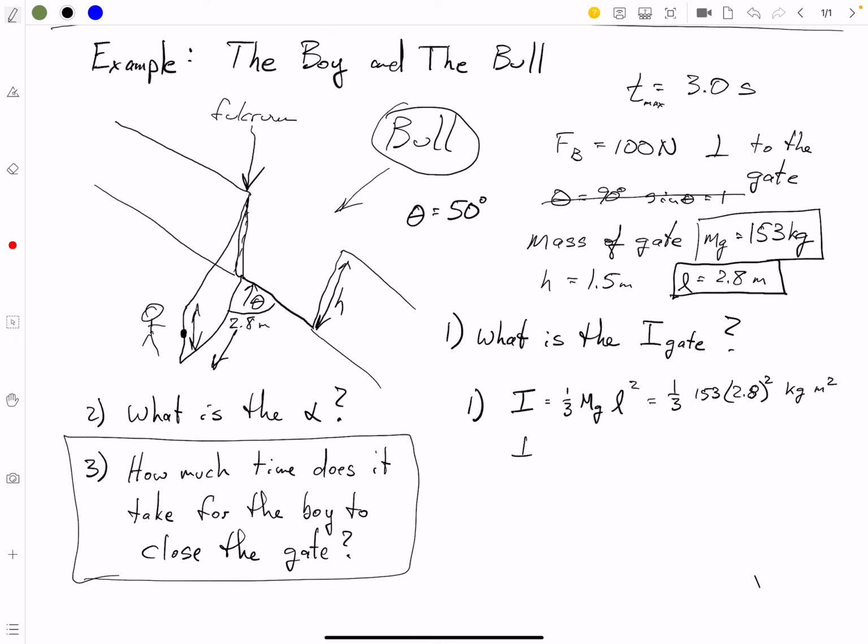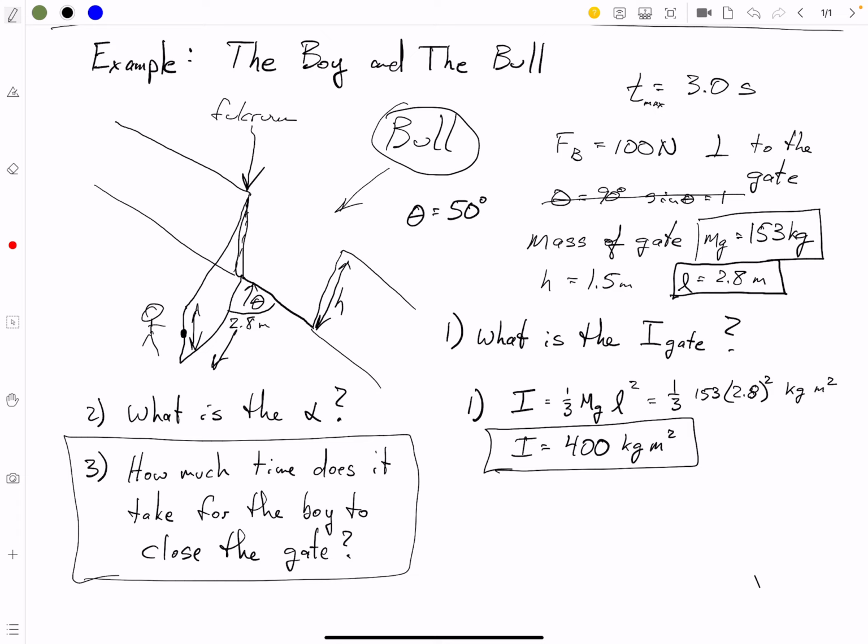So that's a number. And that number is, convenient. Thank you, trusty calculator. 400 kilograms meters squared. So one thing done. Nice.